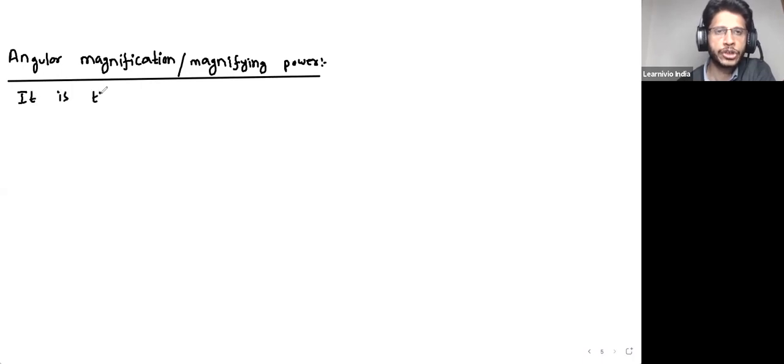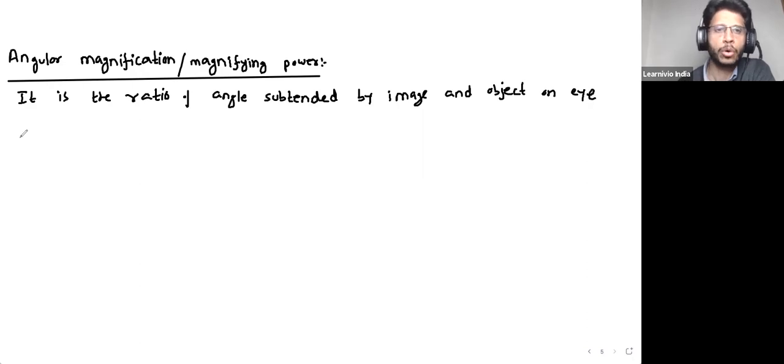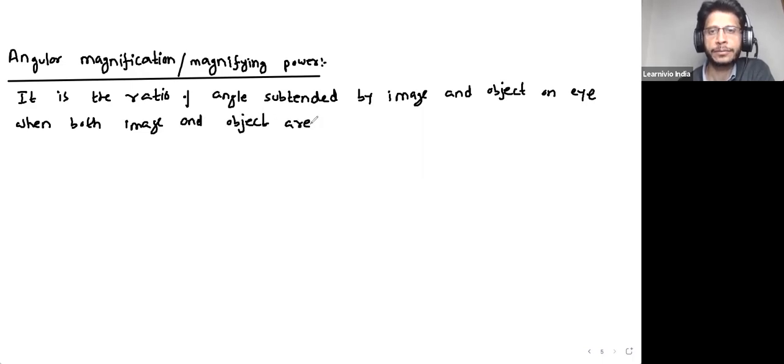It is the ratio of the angle subtended by the image and object on the eye, when both image and object are at the least distance of distinct vision.